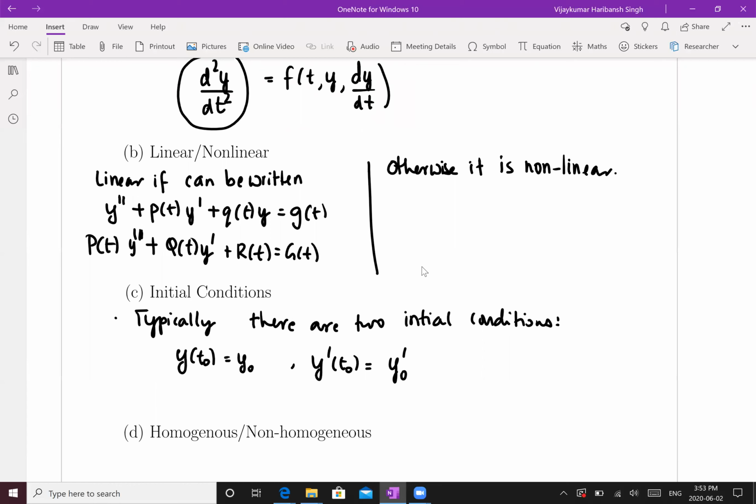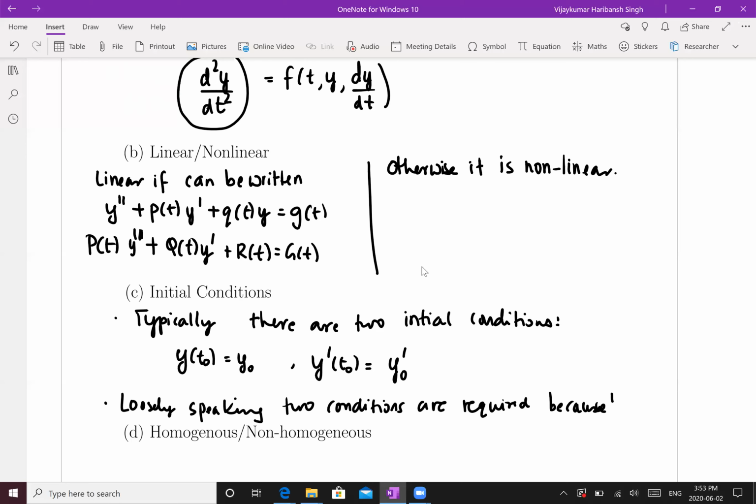So loosely speaking, why do we need two constants? Two conditions are required because of two integrations, right?